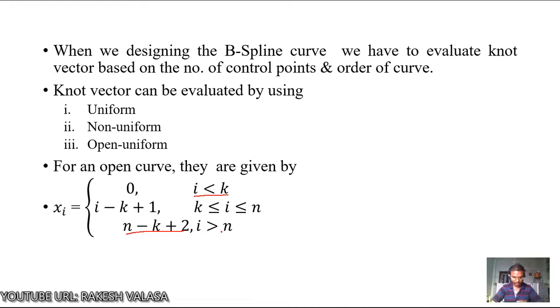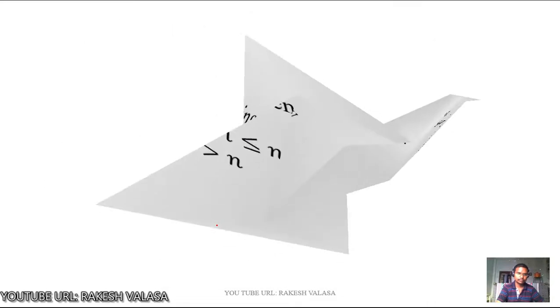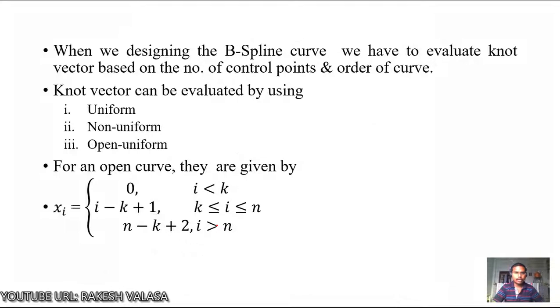Here n means the number of control points. I hope this is very clear to everyone.